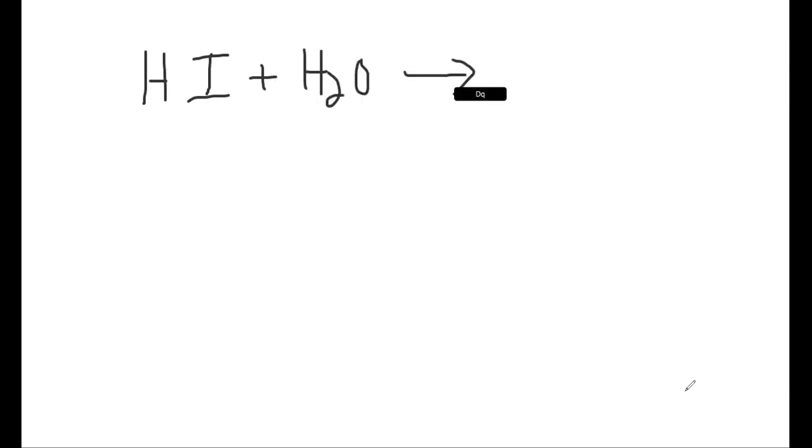So let's write HI. When HI dissociates, if we react it with water, much like the previous one, a similar thing is going to happen. We're going to have this hydrogen, a proton, being donated to the H2O. So we're going to get H3O+, and then the iodine portion is going to be left by itself.